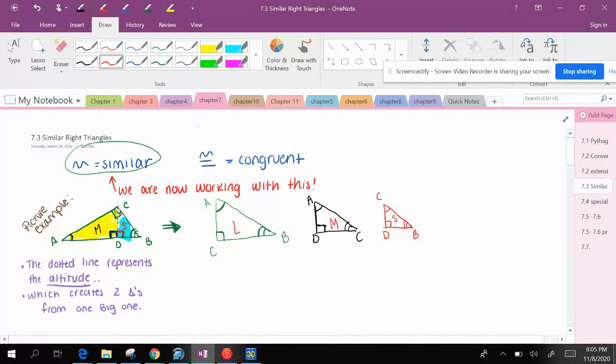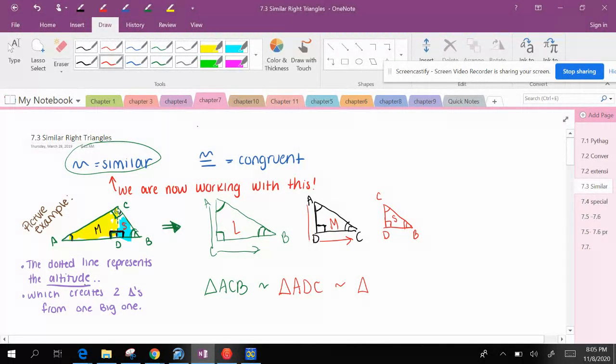So now we're going to create a similarity statement, which you guys have made in the past. I'm going to start with my large triangle here. I'm going to work from one tally to right angle to two tallies. So triangle ACB is similar to my medium triangle, one tally, right angle, two tallies, ADC, which is similar to, I did it in the wrong color.